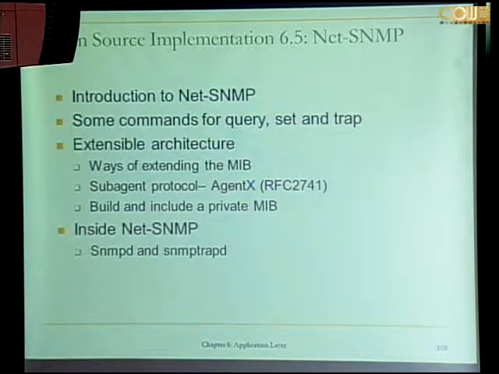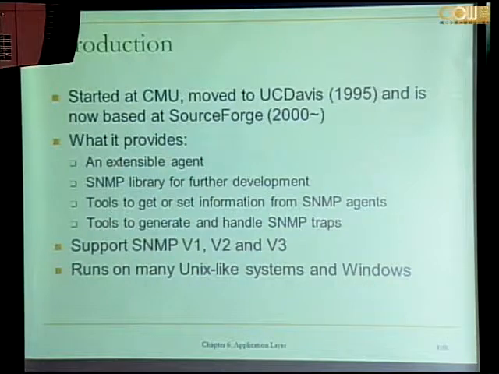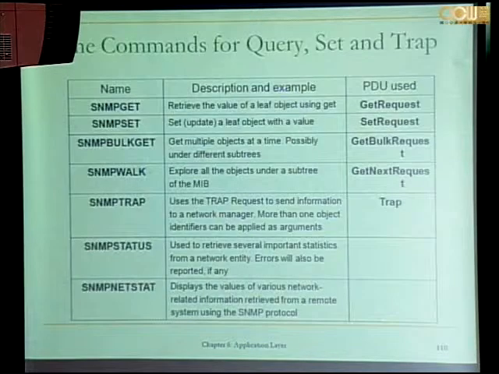And this open source project also provides a very simple manager that you could examine. They call it a MIB browser. It provides a MIB browser that you can use to browse the MIB values. So it provides some commands, say snmpget, snmpset, snmpbulkget, snmpwalk, where you could walk through a MIB tree, and snmptrap.